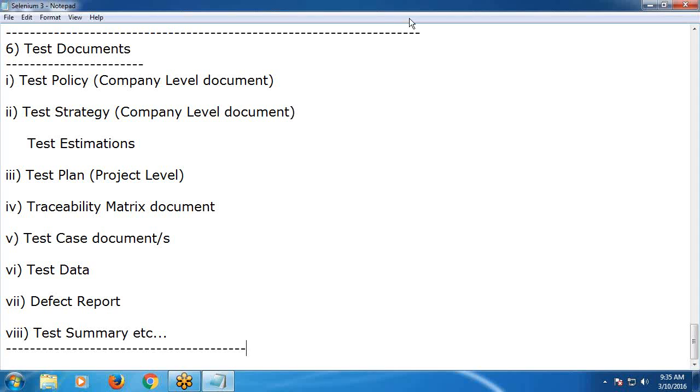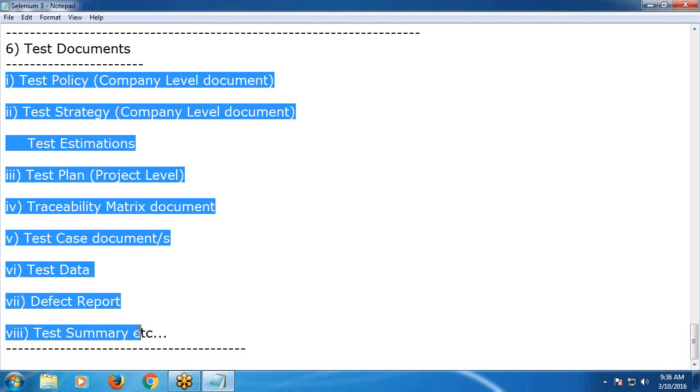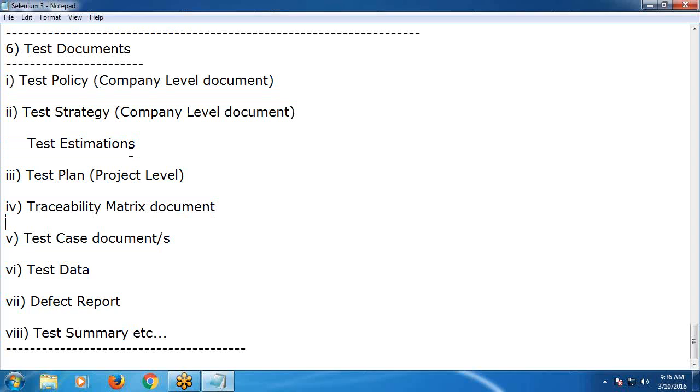Sir, the test execution result report is not a deliverable document. Test execution report, execution result is not deliverable. See, these are the important test documents. These are not deliverables.